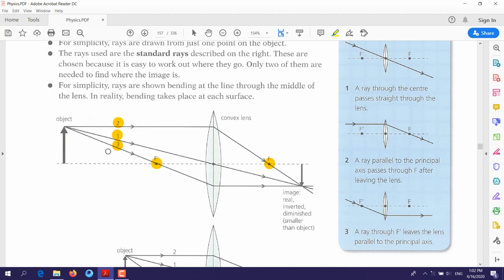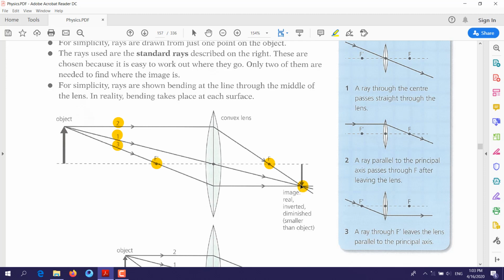Now you will draw a line from the top of the object, and this line should pass through the F, or this point, and go until the lens. Then from the lens you will put your ruler straight, so it will meet at this point.